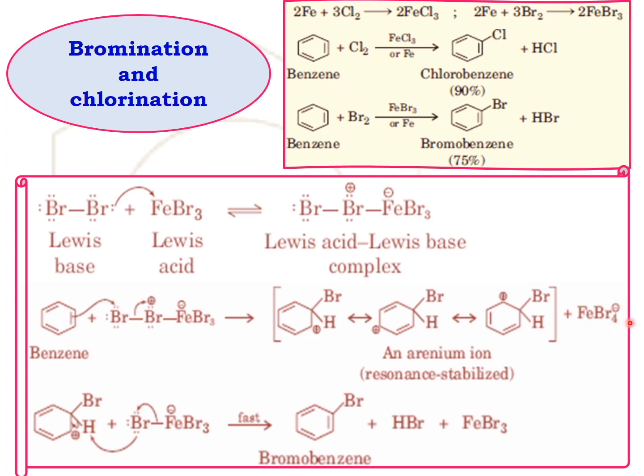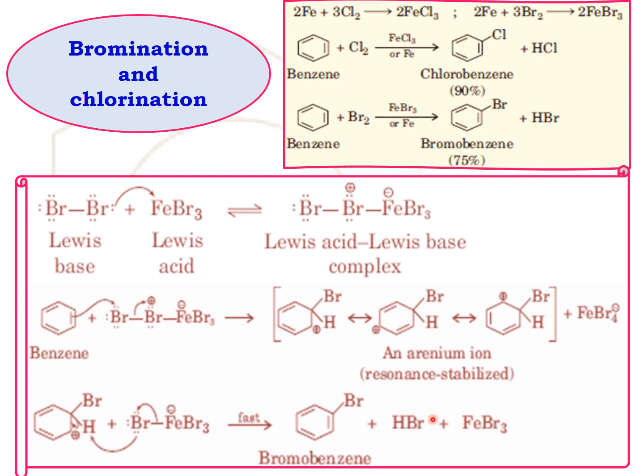This anion abstracts a proton from the sigma complex, leading to the regeneration of our Lewis acid, which we had used initially in the first step for the formation of the complex. So this Lewis acid is getting regenerated. This FeBr4 minus abstracts a proton.